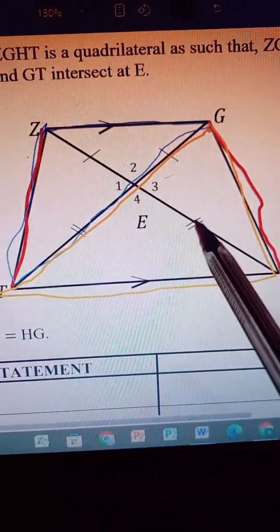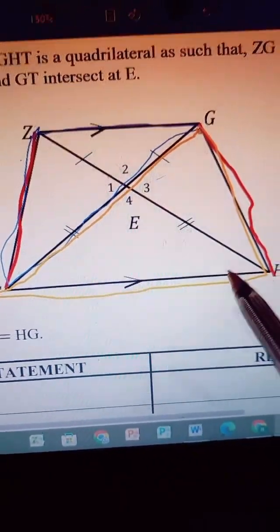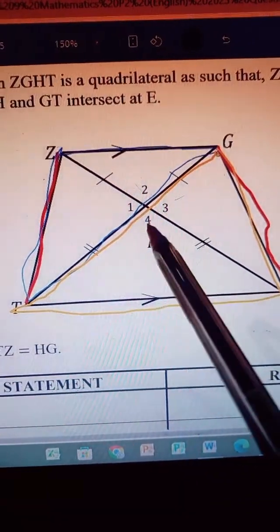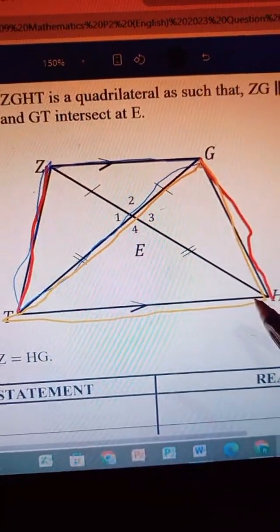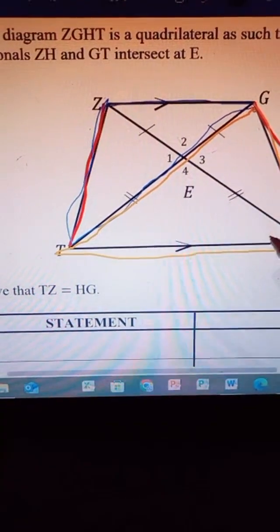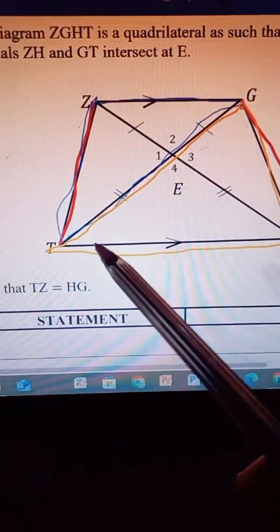All right? So the moment you see that, look here. Remember, this is an isosceles triangle, right? So this angle ZHT is also equal to ETH. So this is equal to this, which is equal to this.